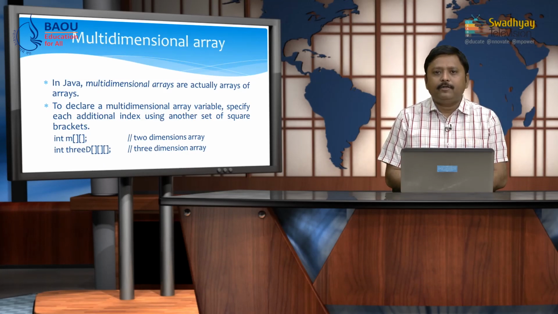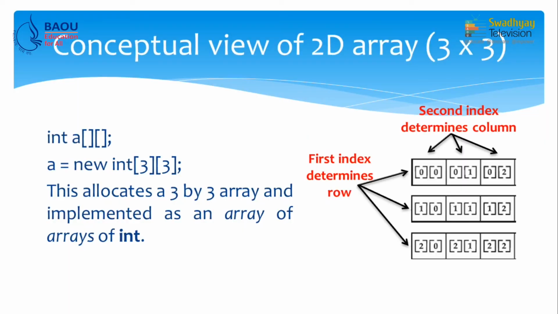Now, we take a conceptual view of a two-dimensional array, that means how to access elements stored inside these two-dimensional arrays. So, on screen you can see we have one integer two-dimensional array A, and these two square brackets indicate that it is a two-dimensional array. Next, we allocate memory for it.